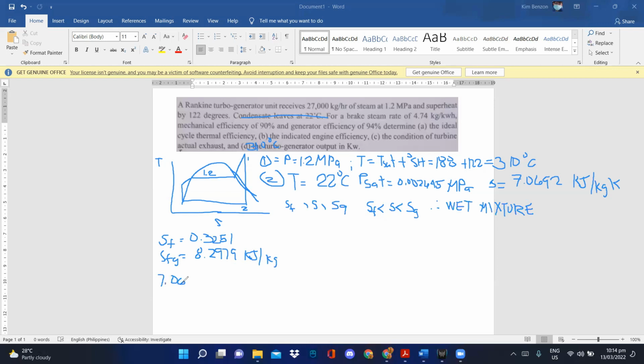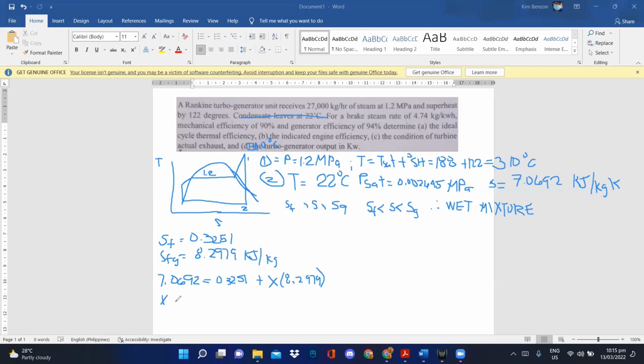Now, we solve for the quality. Since siya ay nasa wet mixture, automatic we need to solve the quality. So, S equals SF plus X SFG. So, you have 0.3251 plus X times the quantity of 8.2979.